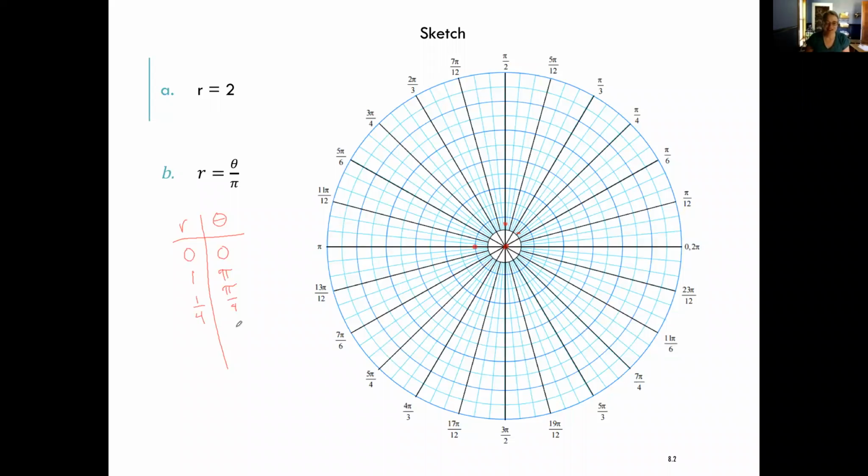If theta is 5 pi over 4, that means my radius is 5/4. So 1 1/4. At 3 pi over 2, my radius is, wait. Sorry. I screwed that up.